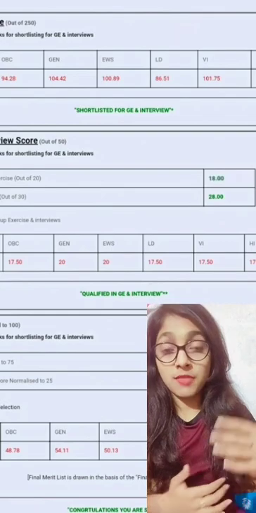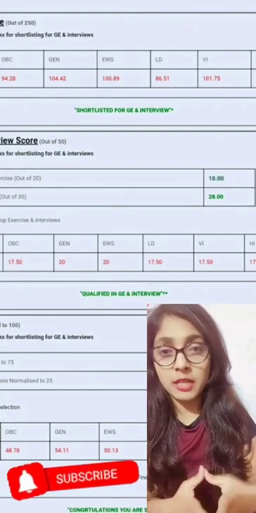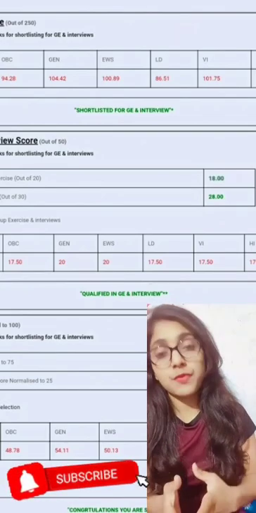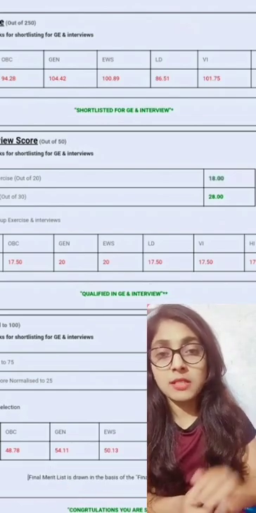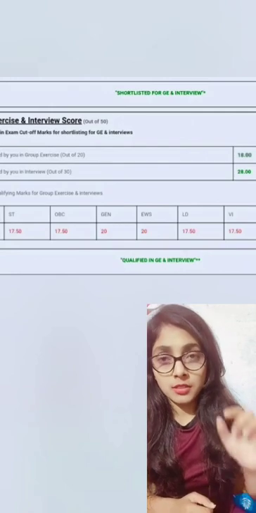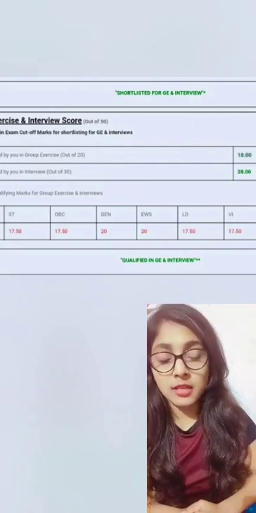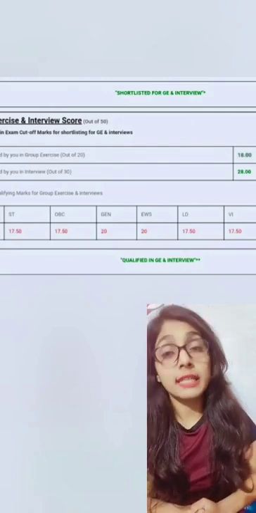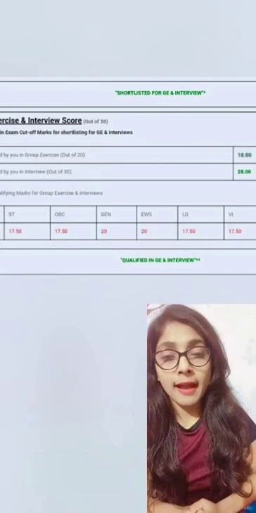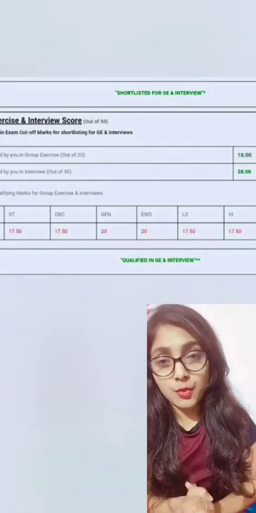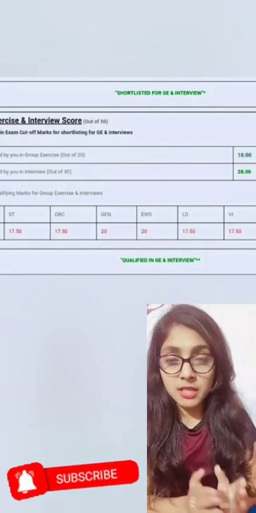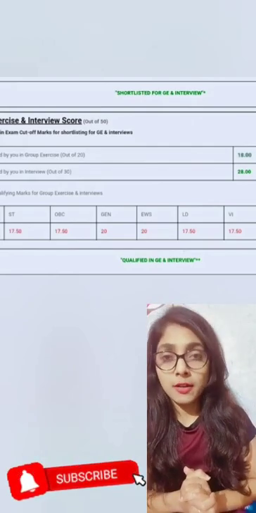You get it in a final mark sheet combining your score of interview, GD and your mains examination. So the marks that I got in the interview and GD are also there. In group discussion I got 18 out of 20, and in the interview I got 28 out of 30. So out of a total of 50 marks, I got 46.